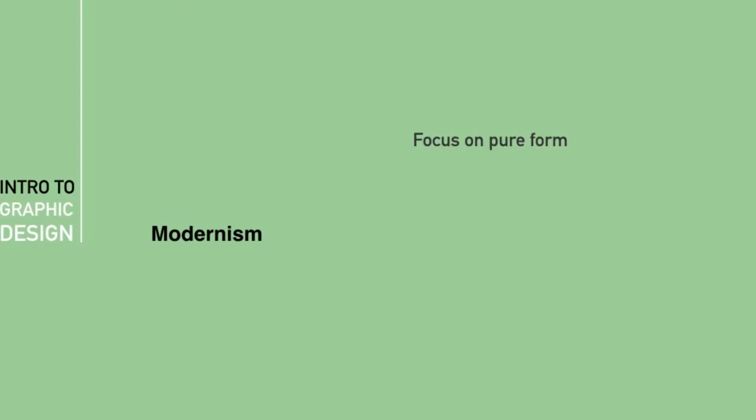It's an application of Gestalt design theory to undergird aesthetic principles, and a focus on making those aesthetic principles work. Modernism, rather than directly representing something, idealizes it or stylizes it, simplifies it in some way for specific purposes.